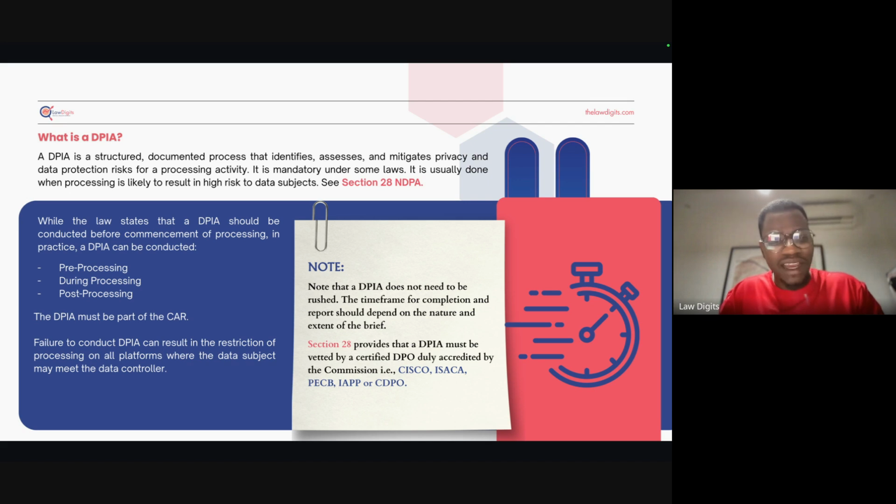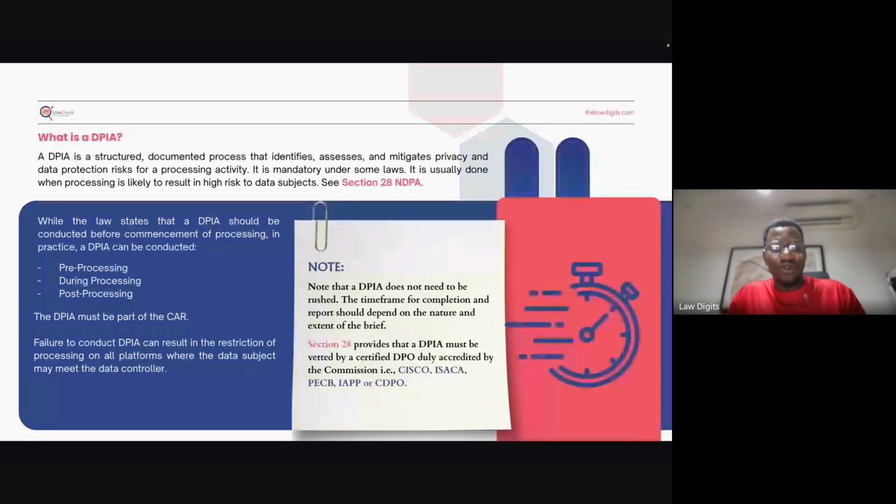So failure to conduct DPIAs can result in the restriction of processing on all platforms where data subjects may meet the data controller. The major problem in this regard has to do with the restriction on processing on all platforms. But how will they know? There has to be some form of guiding light for the regulator to know that these guys have not conducted their DPIA, or they're processing data in this particular form, or these are the platforms that they are using to process data.